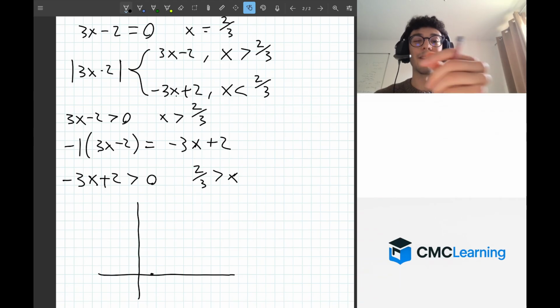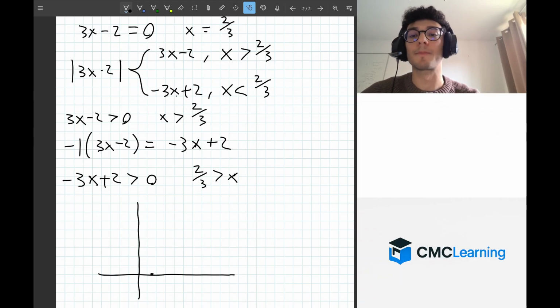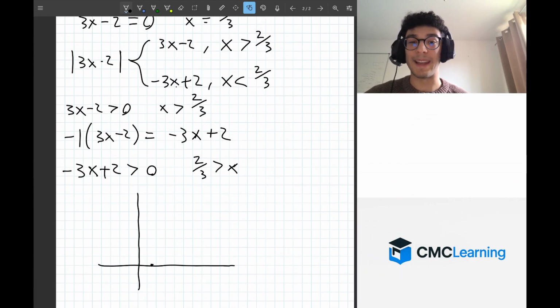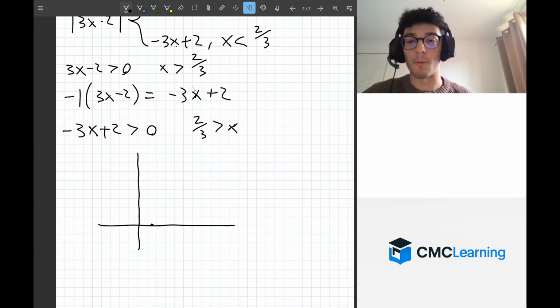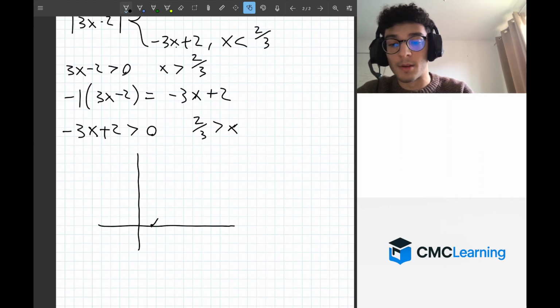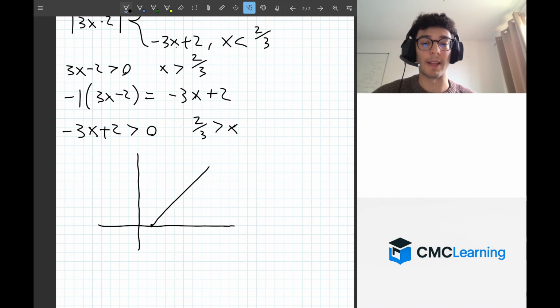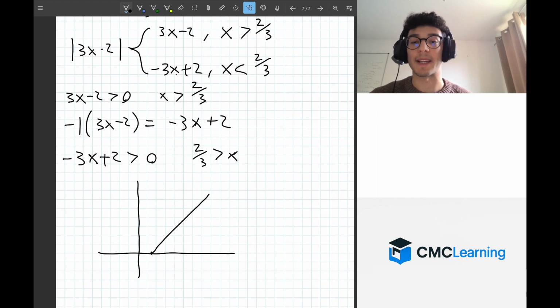If I give 3x minus 2 the point of 2/3, I should get 0. So anything greater than 2/3 should give me something positive. So for example, 4/3. We should get a nice straight line from that, essentially ignoring lesser x values.